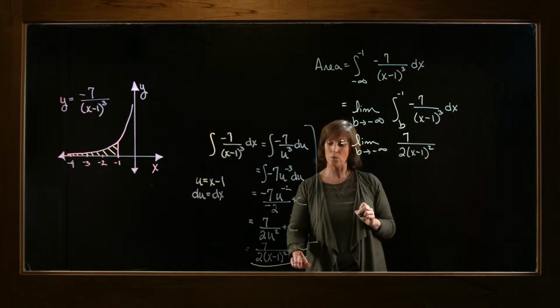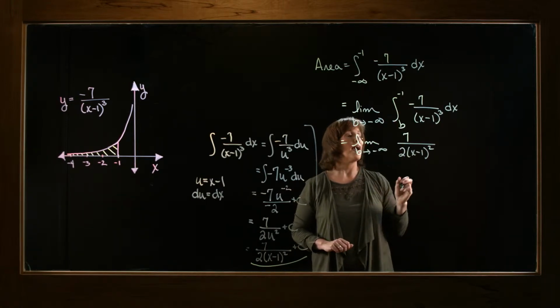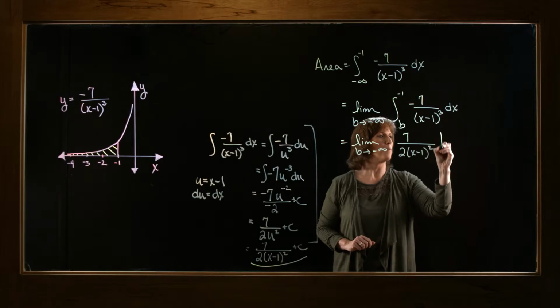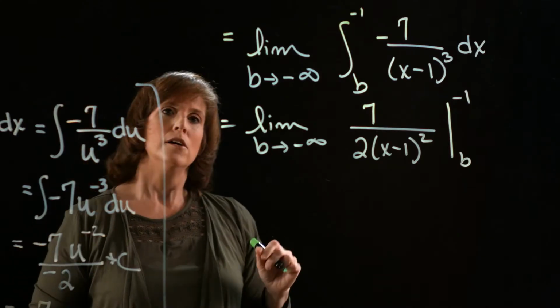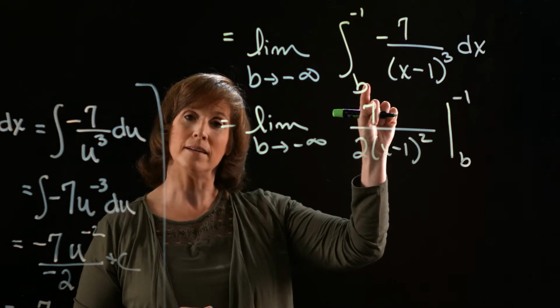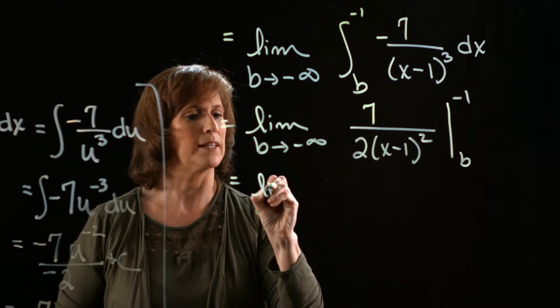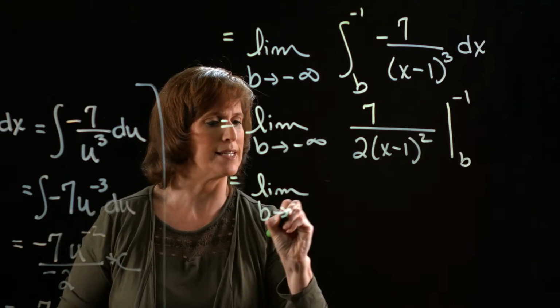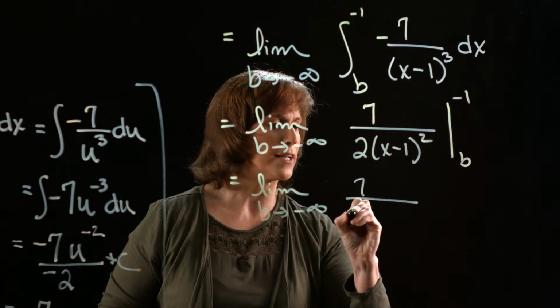And again, I don't need to worry about my constant of integration because this time I'm doing a definite integral, and I'll be evaluating this from b to minus 1. So now I need to plug in my upper limit and then subtract what happens when I plug in my lower limit. So I have the limit as b approaches -infinity, and I'm going to have 7 divided by 2.